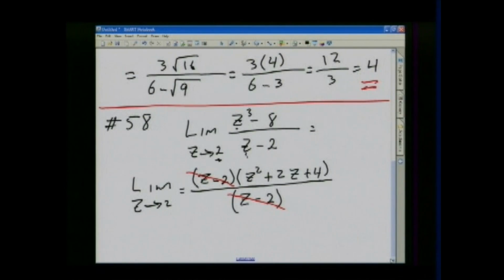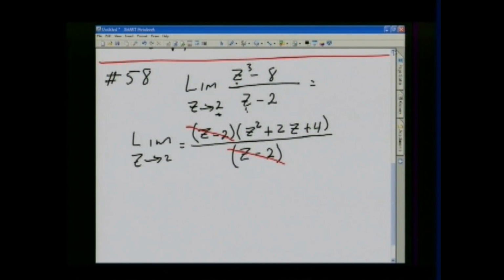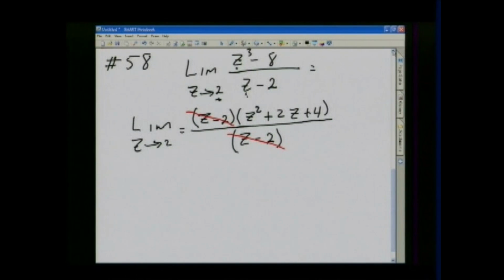So this problem is now reduced to finding the limit as z approaches 2 of, there's actually no equal sign here, let me just write, the limit as z approaches 2 of z squared plus 2z plus 4. Now you can substitute.